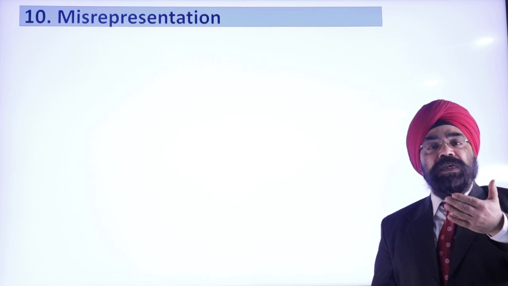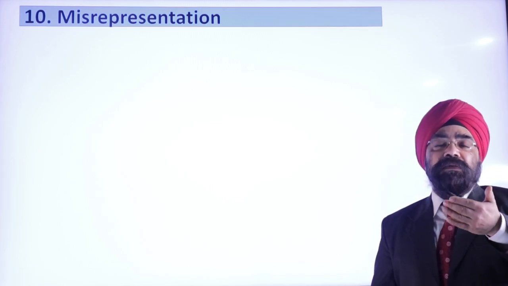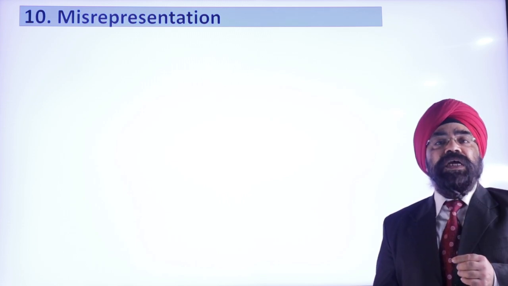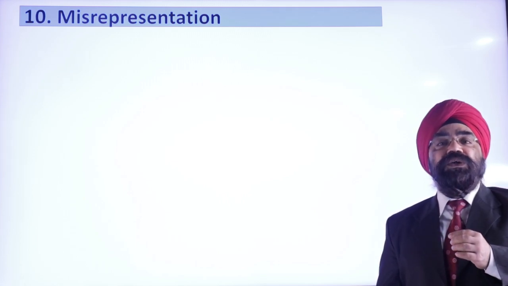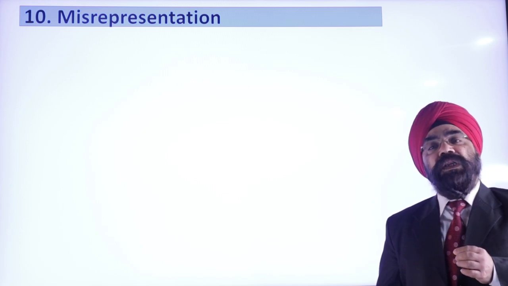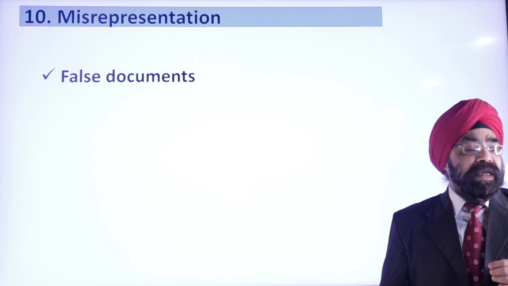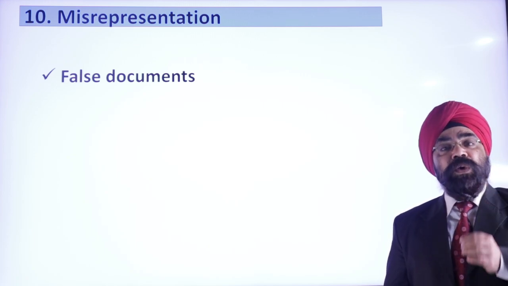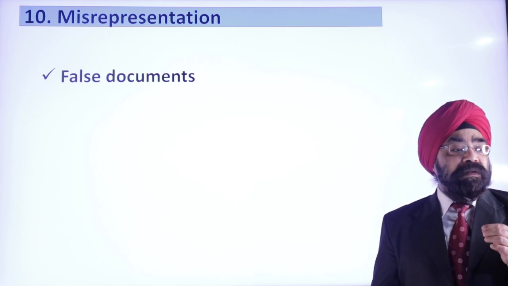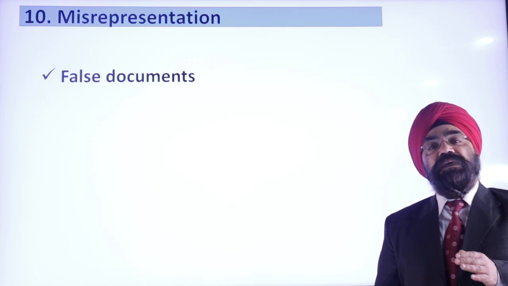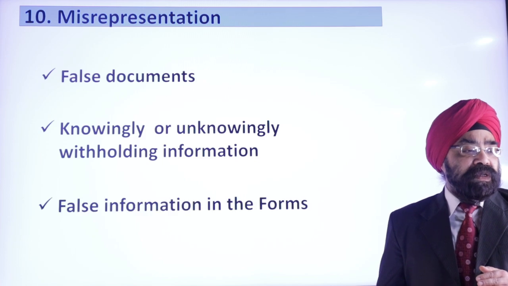A false document is a false document and can be easily understood. It is one of the major causes of visa refusal, and it will lead to a ban also. Whether you are doing it knowingly or unknowingly, if you are withholding information, it is still misrepresentation.